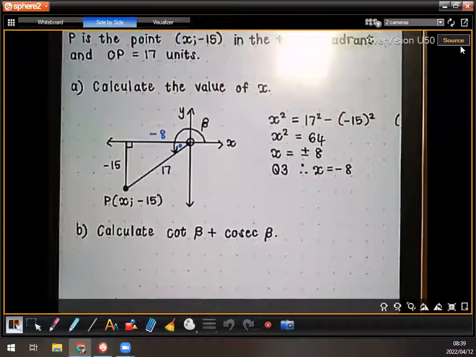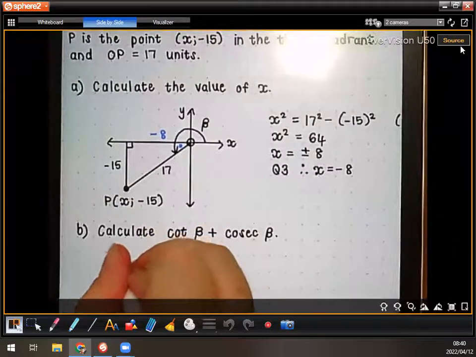They got beta and they got 40. They will have the same ratio, so beta will just have the same. Okay, guys, so cot beta, right?